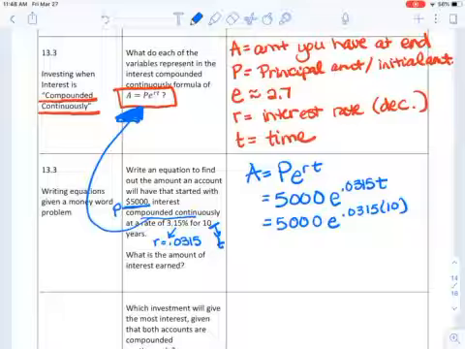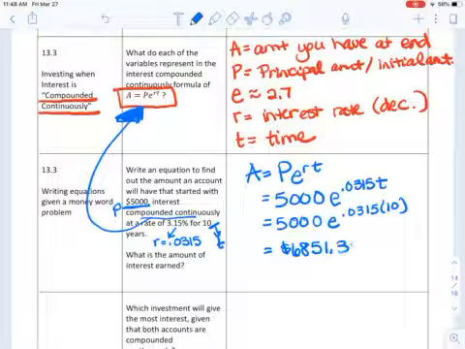Then I would multiply that answer by 5,000. Either way, we're going to get $6,851.30. Should just be a comma.